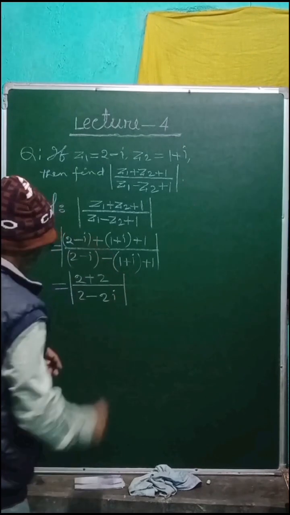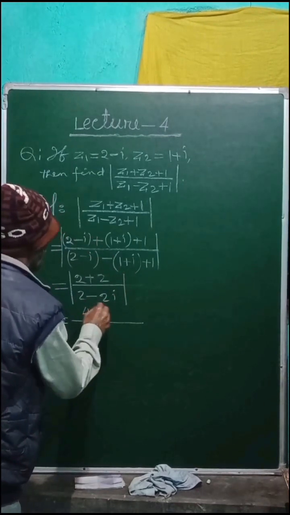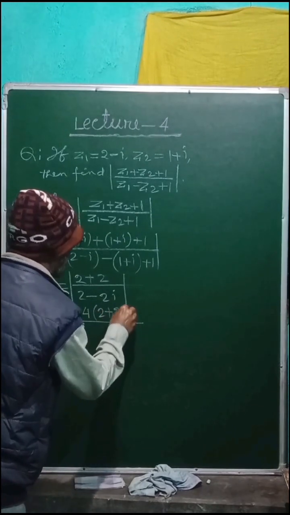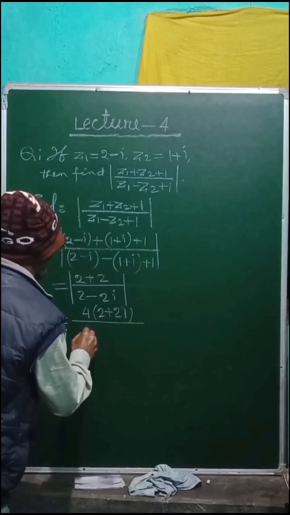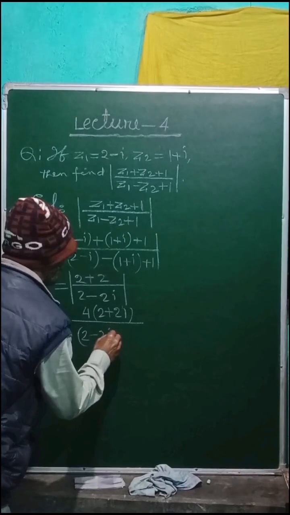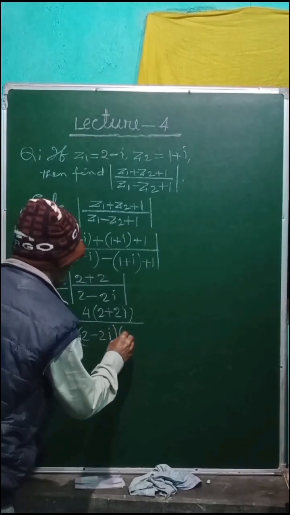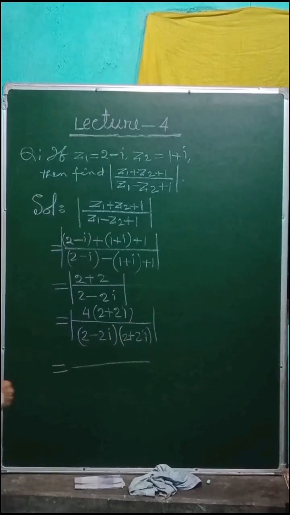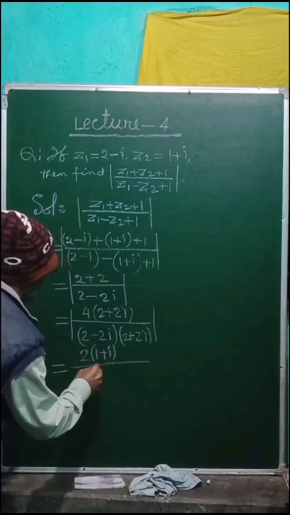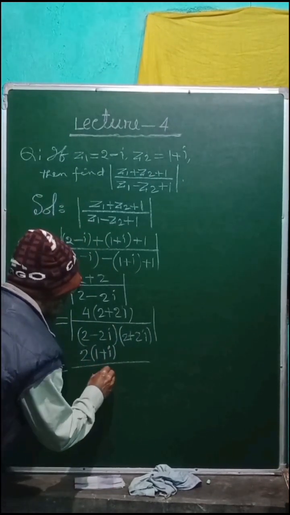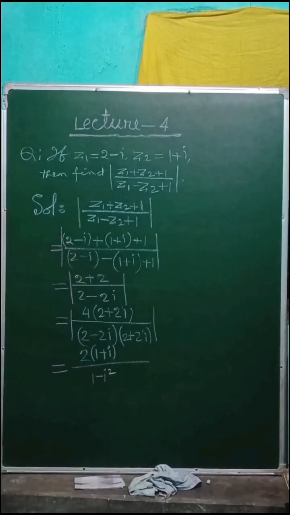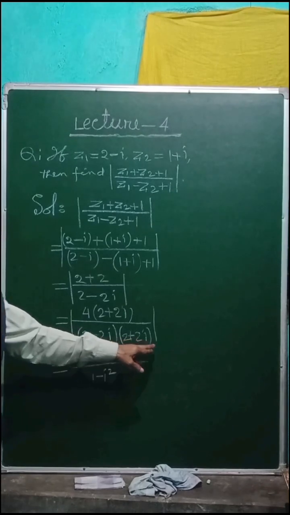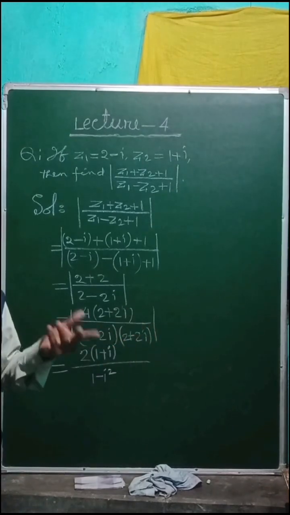Multiply and divide, 2 into 2 plus 2 iota, divided by 2 minus 2 iota into 2 plus 2 iota, equal to 1 plus iota by 1 minus iota square. Understand? This is in the a minus b into a plus b format, so it is a square minus b square.